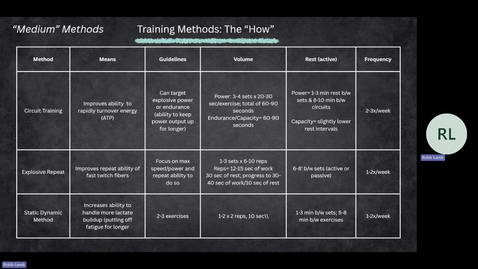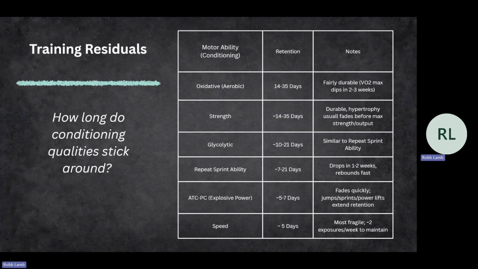So again, I'm going to go back to the training residuals here. How long do these qualities stick around? You might not need to go through a ramp up period. It might just be like you're microdosing certain qualities throughout the season.